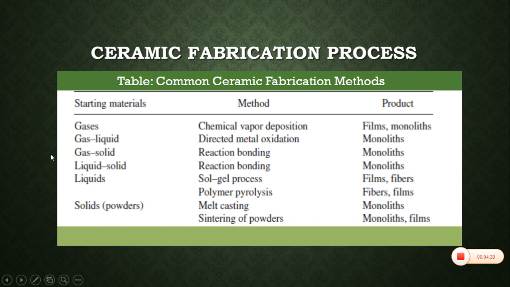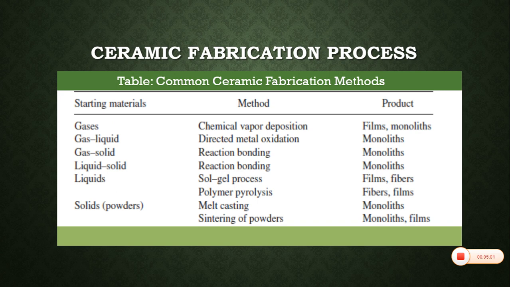First is the gaseous phase. For the gaseous phase, the method for fabrication is chemical vapor deposition. For gas-liquid phase, it is the directed metal oxidation method. For gas-solid starting material and liquid-solid starting material, both have a reaction bonding method.